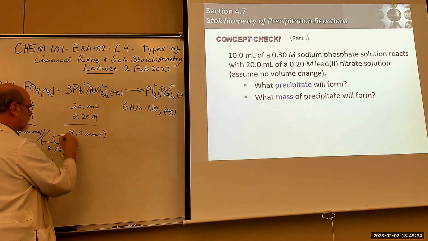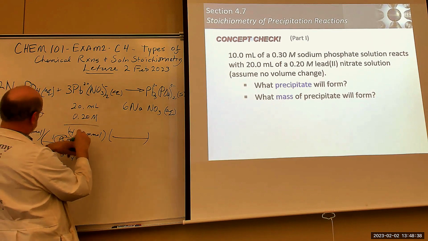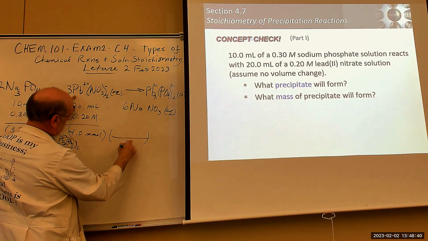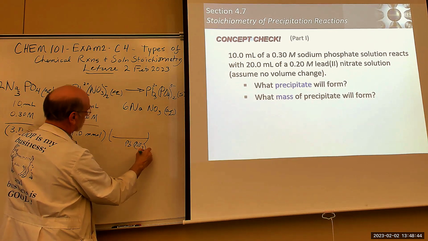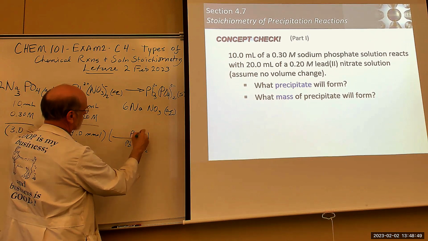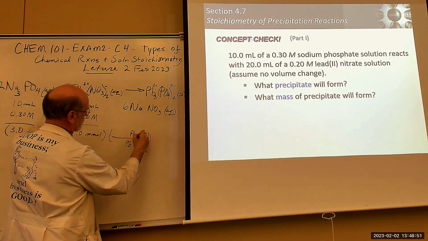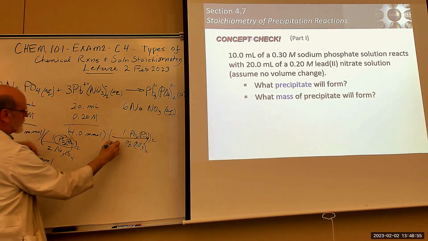We do the same thing with this one over here, only this one has lead 2 nitrate on the bottom and lead 2 phosphate on the top. So this one's still 1, and this one is 3.